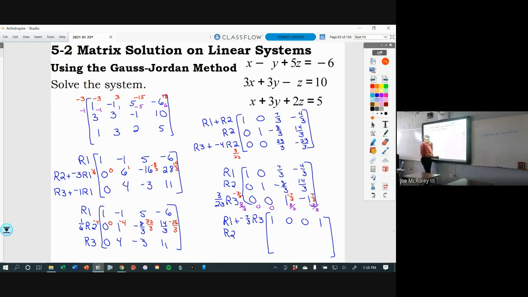So row 2 is row 2 plus 8/3 of row 3. 0 and 0 is 0. 0 and 1 is 1. 8/3 and -8/3 is 0. 14/3 minus 8/3.